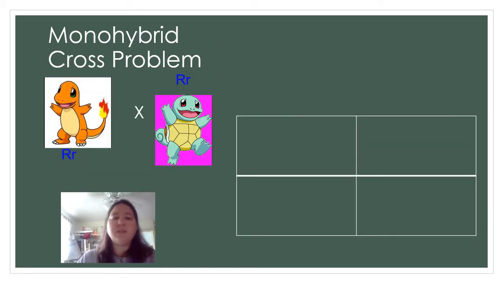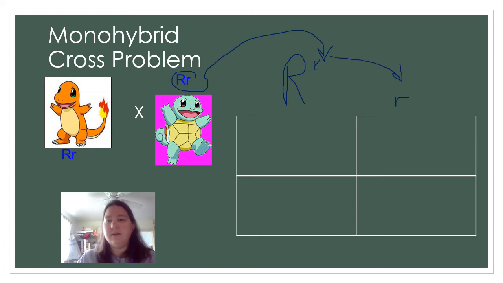So if we were to do this Punnett square, we've got Charmander and Squirtle. Just like I did with the peas, although ours are a little bit easier. The law of segregation, we have separated the alleles, and the same thing for Charmander over here. Law of segregation, we separate the alleles, and then you just fill in the Punnett square.